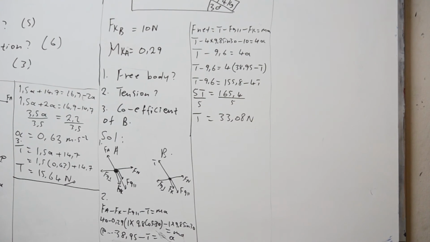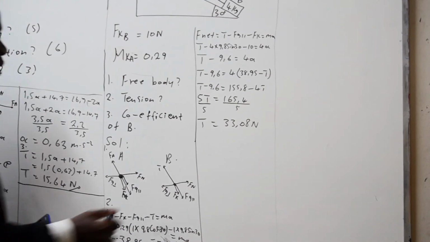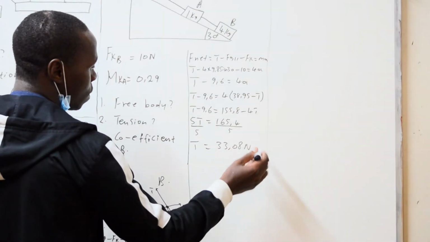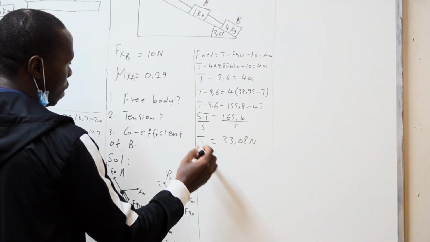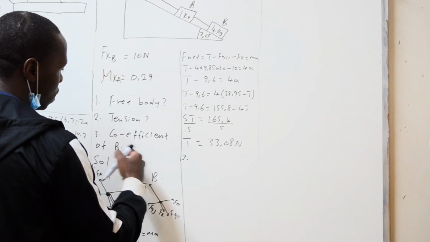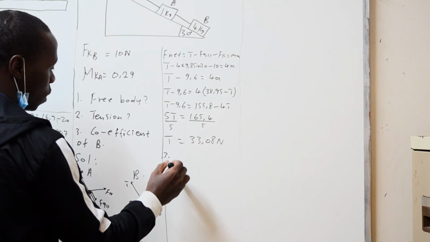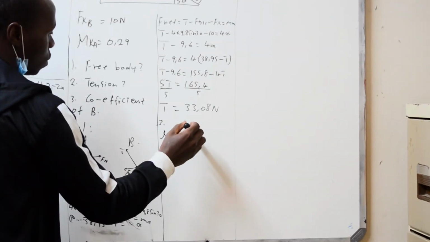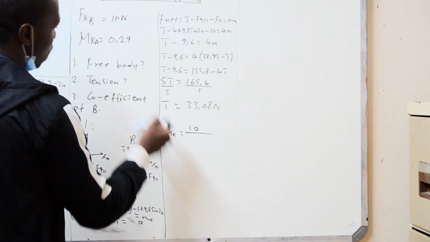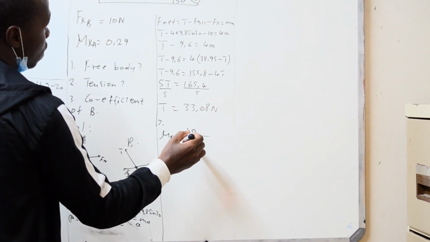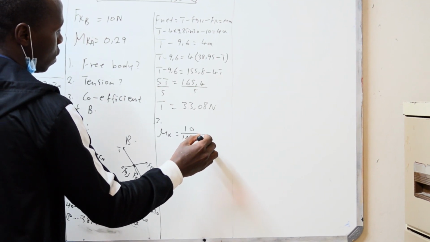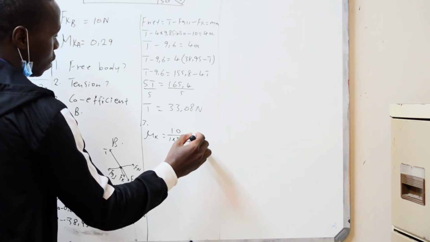So this is the value we have here. We were required to calculate tension, so there is tension. And now number 3, coefficient. The coefficient of B is mu k equal to Fk of B over the normal force. We have Fk is 10 and the normal force of B is 1 times 9.8 cos 30.